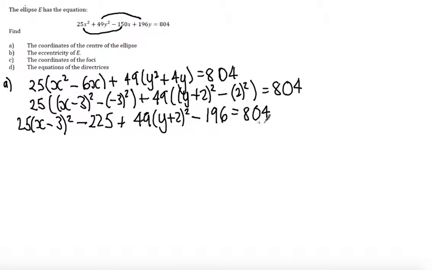Now what I want to do is get rid of all the constants on the left hand side, so I'm going to add 225 to both sides, and add 196 to both sides.